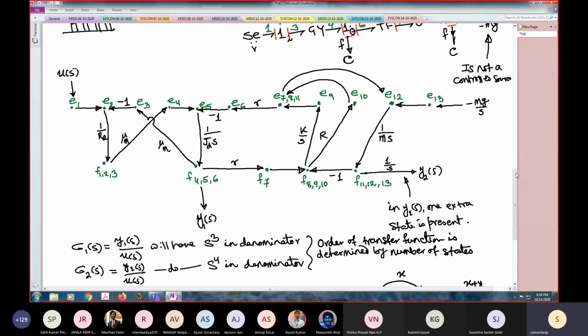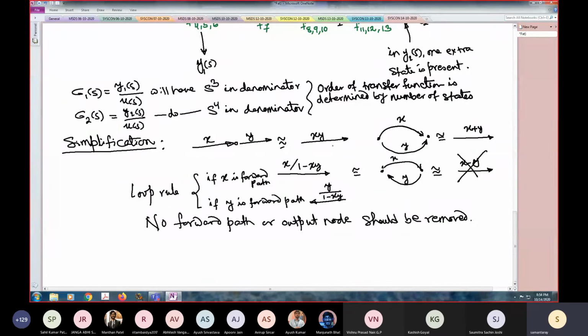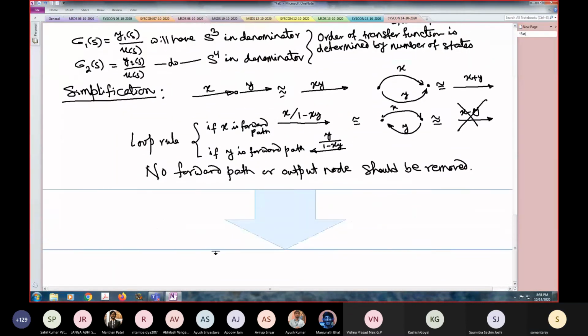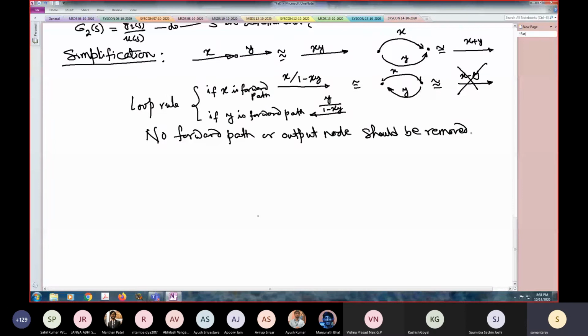E1 to E4, mu m by RA. So E1, I am not putting those nodes unnecessarily.